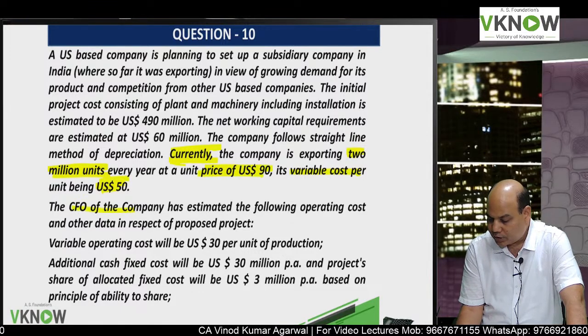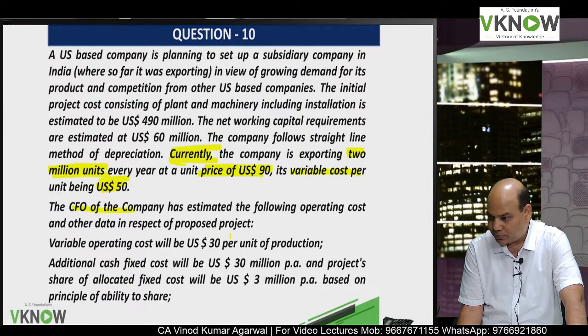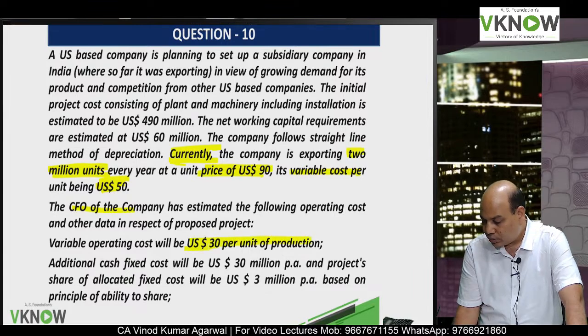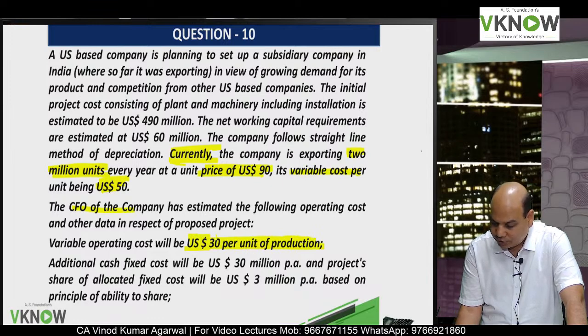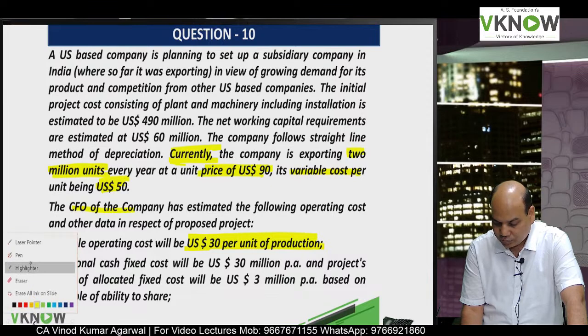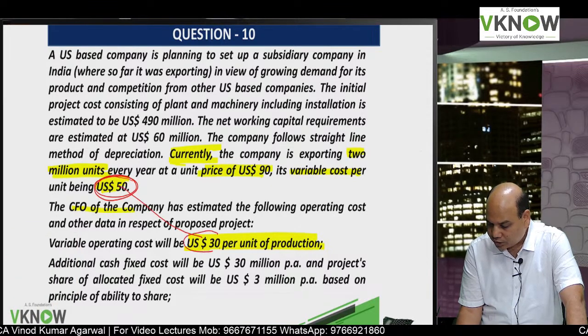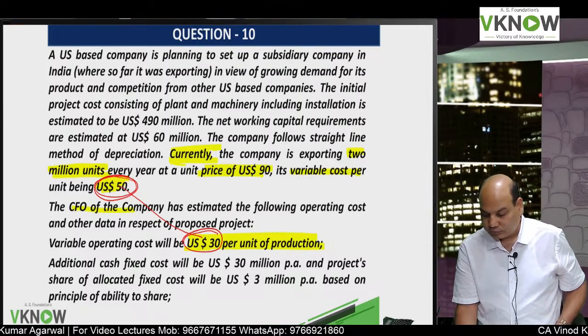The CFO of the company has estimated the following operating cost and other data in respect of the proposed project. Now what is the benefit of this project? If located in India, the variable cost will be 30. So variable cost will be 50 earlier, 30 now. There will be a saving in variable cost.